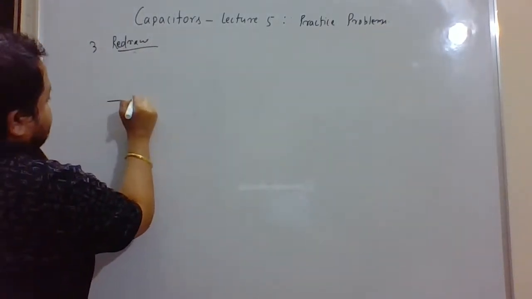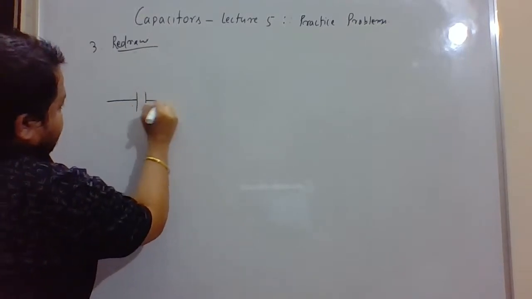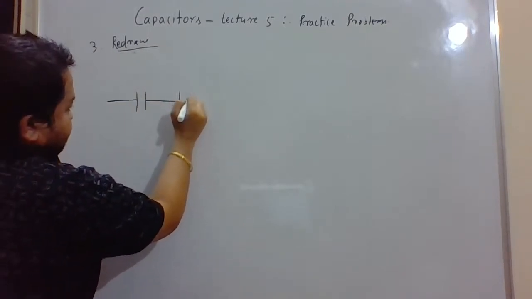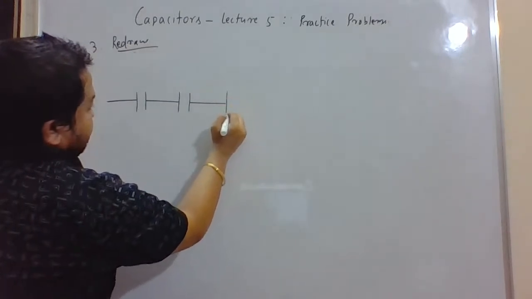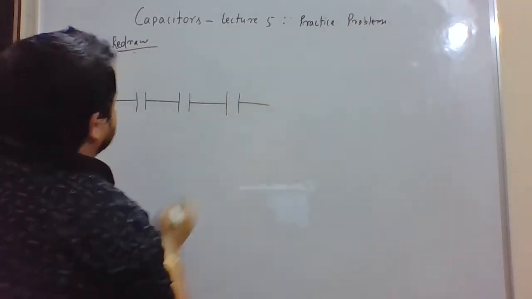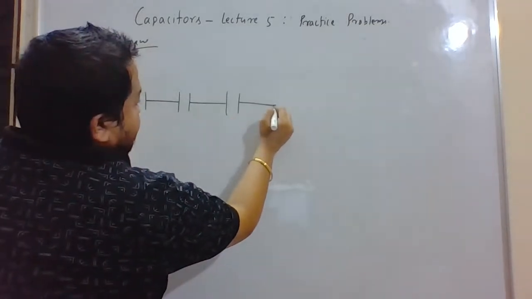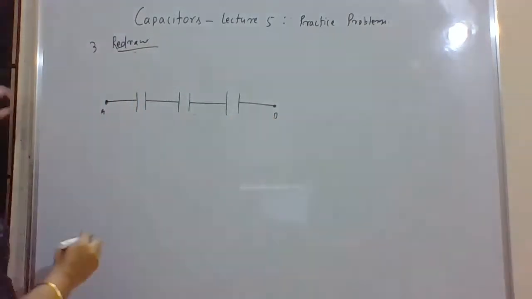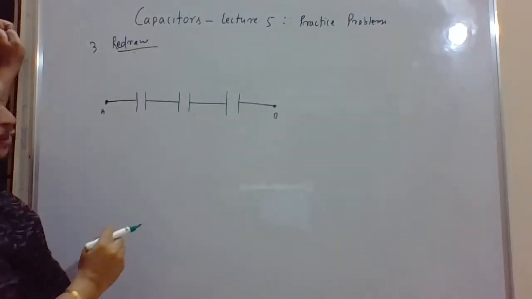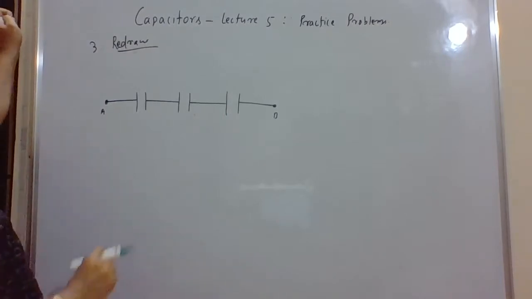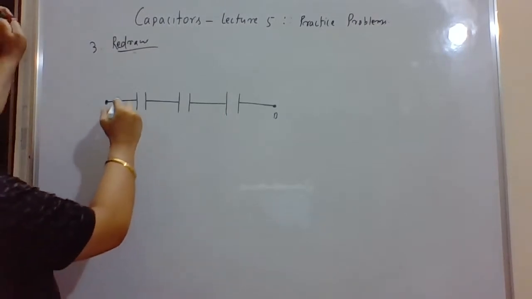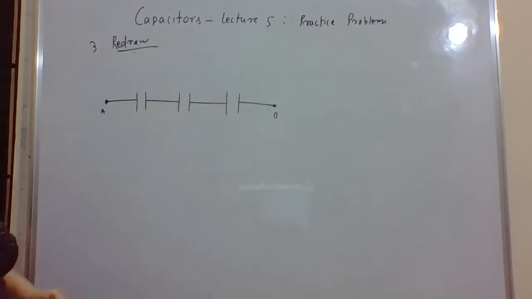I have got a capacitor like this, a capacitor like this, and a capacitor like this. These are my points A and B. Now, what am I doing? I'll connect, and these are my three capacitors.